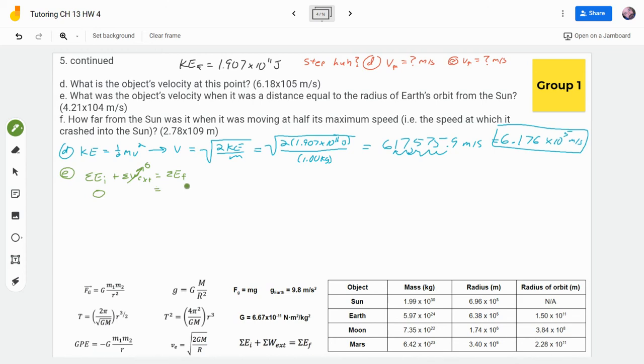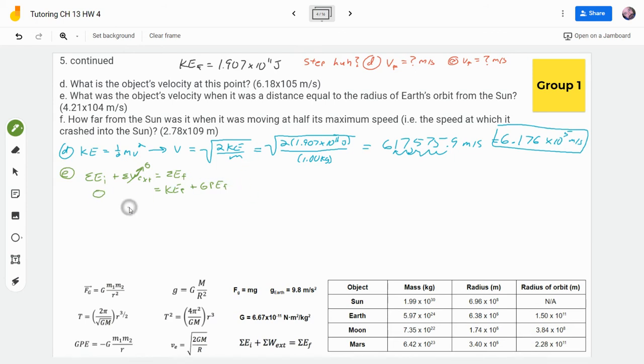Okay, so at the end, it's moving, so there is a KE final, and it would have GPE because it's no longer infinitely far away from the sun. So there would also be GPE final. So 0 is equal to KE final plus GPE final.